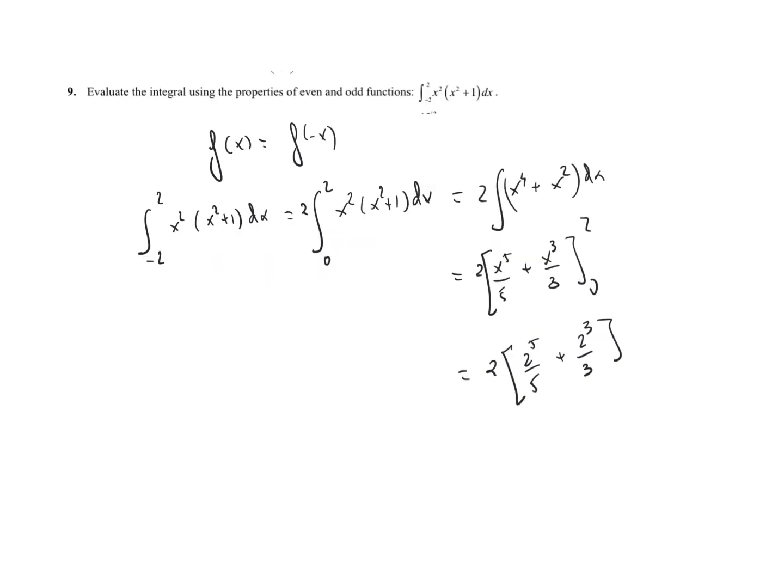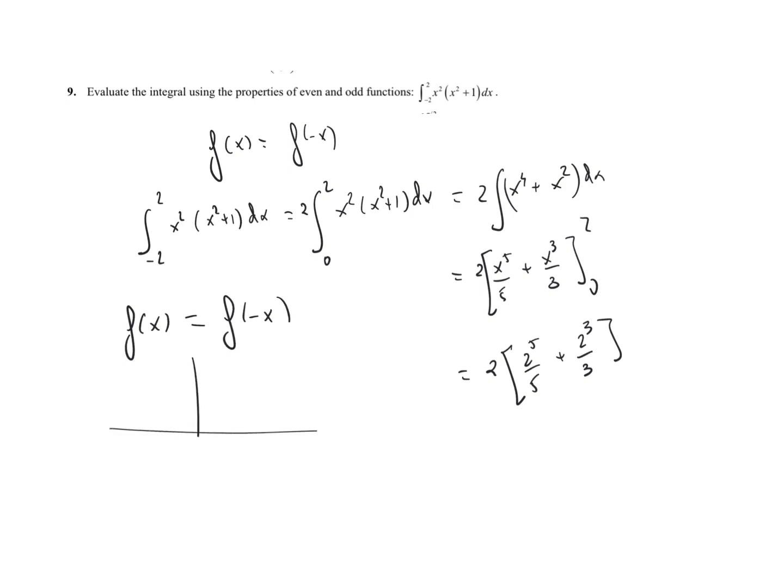Okay, let's go to the next problem. Evaluate the integral using properties of even and odd functions. A function is even when f of x equals f of minus x.